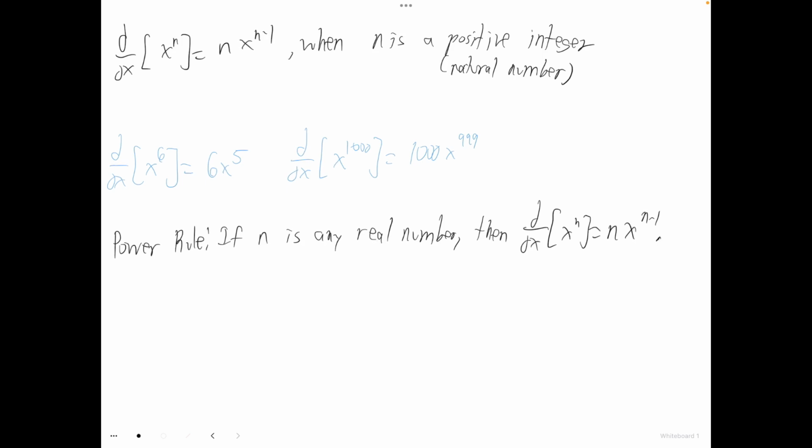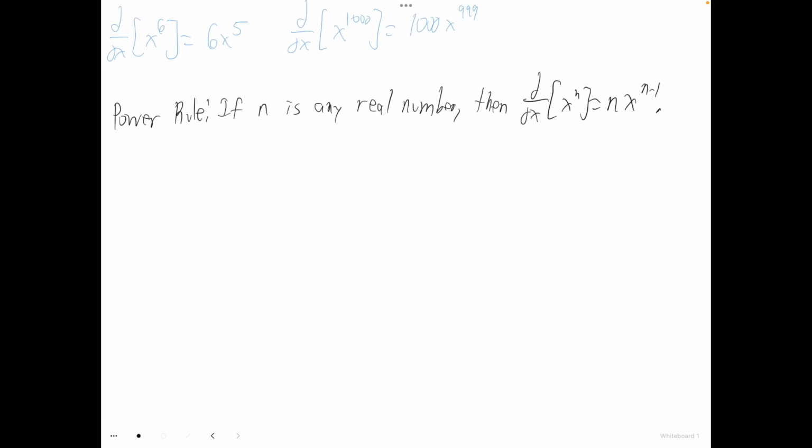We will need to develop more ways of doing derivatives before we can fully justify this, but typically in a Calculus 1 class, you just introduce the power rule at this point, and you just say you can use it from that point on.